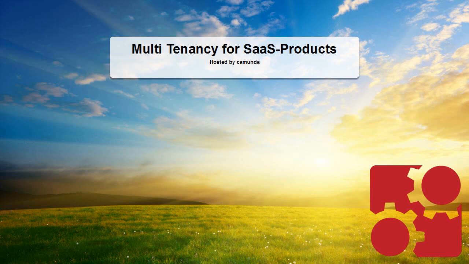There are some scenarios. Let's assume you have thousands of tenants and all of them only have little data to manage. Then it might be a heavy load and a high maintenance effort, which you don't want to have for thousands of tenants. You don't want to maintain thousands of engines.